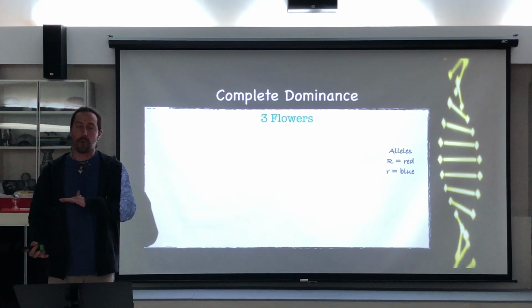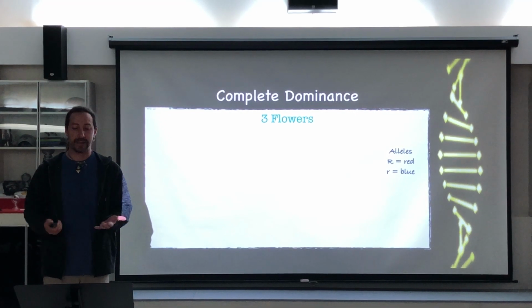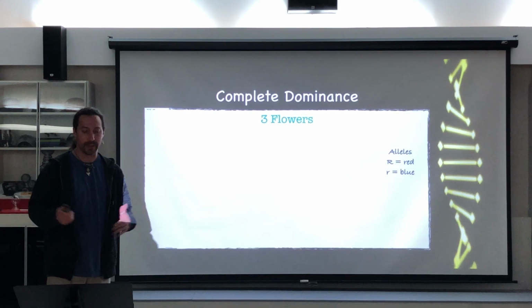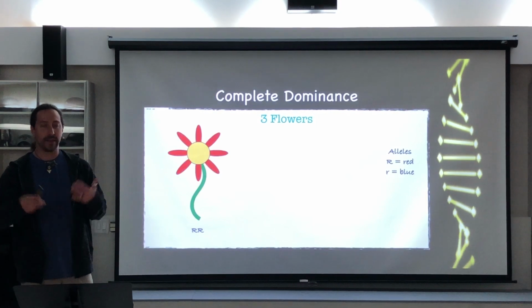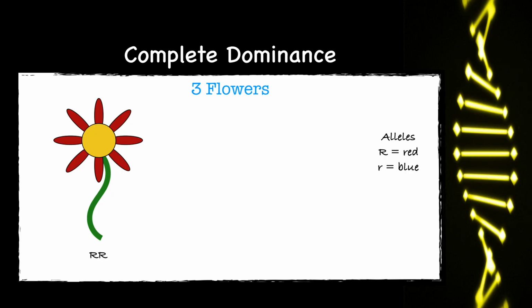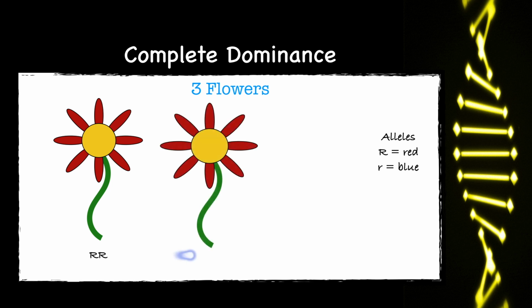First, before we were talking about what's called complete dominance. And in complete dominance, it's really straightforward. If you happen to have a red flower that's homozygous dominant for the red allele, then it's going to appear red. It will also appear red if it's heterozygous because the dominant red allele overshadows or masks the recessive allele.